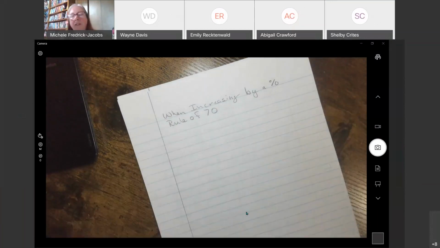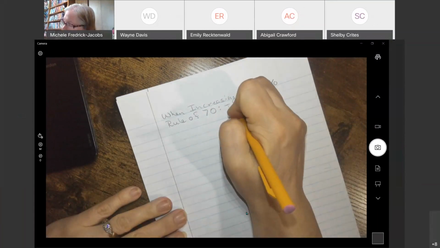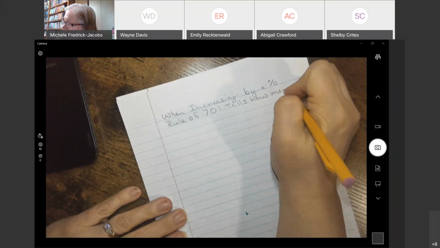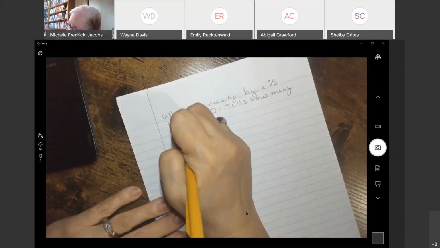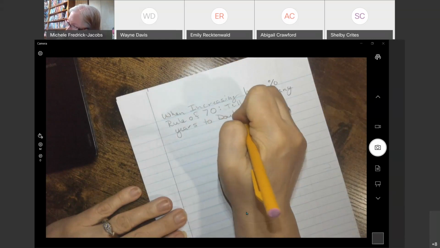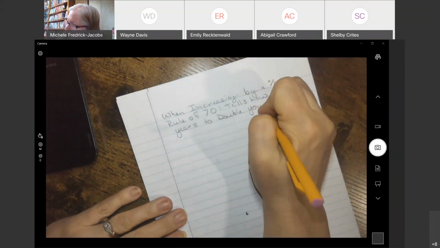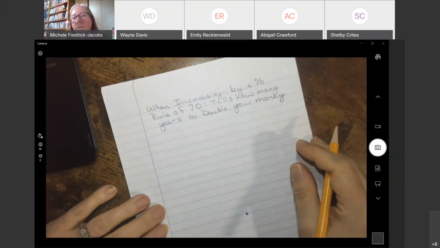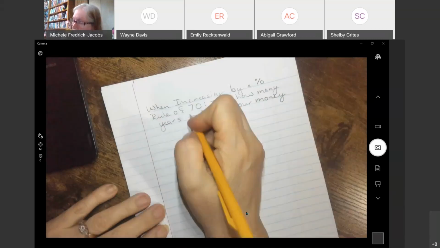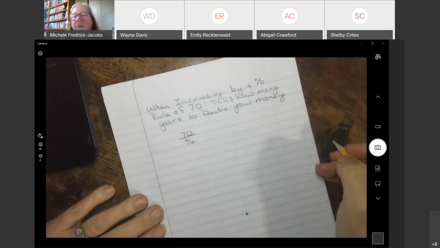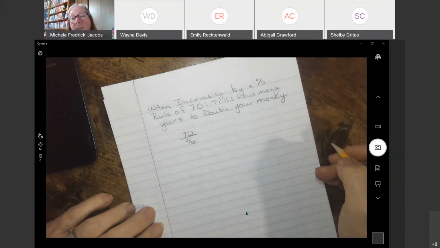It tells you how many years it will take to double your money. So you take 70 and you divide by the percent. The whole percent, not the decimal.